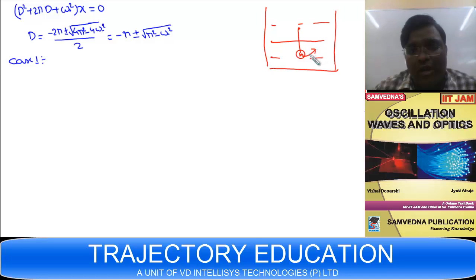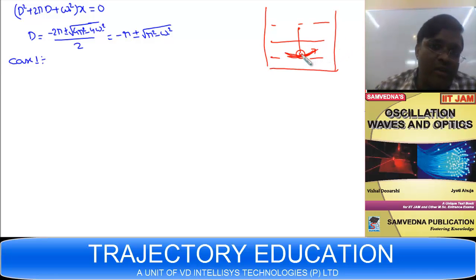This bob will come to its equilibrium position after some time and then remain at rest. You can't expect the oscillation to continue in water. It is non-oscillatory. Particle once displaced from equilibrium position will come back.